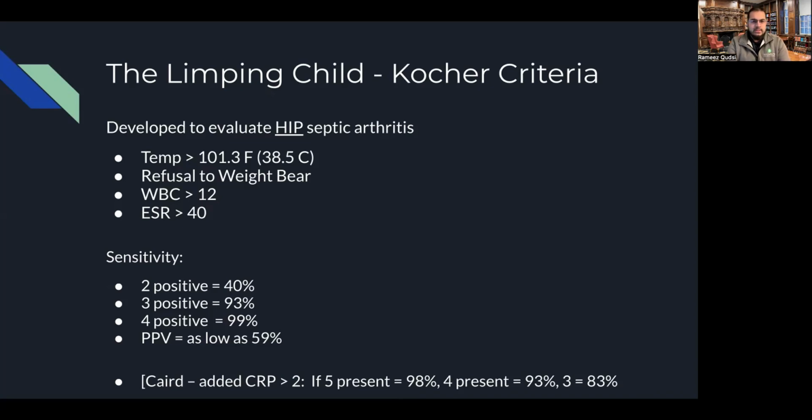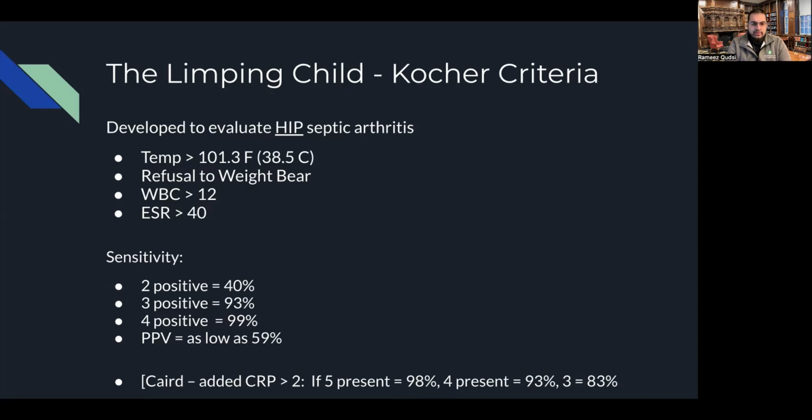The sensitivities of this criterion: if 2 of the 4 only are positive, that's 40%, 3 is 93%, and if 4 are positive, 99%. Now, I want to point out what that means is if a patient, like the one in front of us, has septic arthritis, then there's, for example, a 93% chance that 3 of these things will be positive.